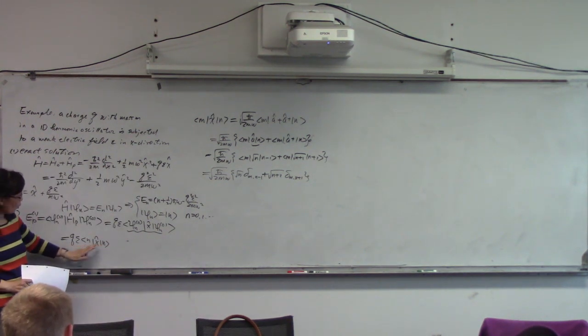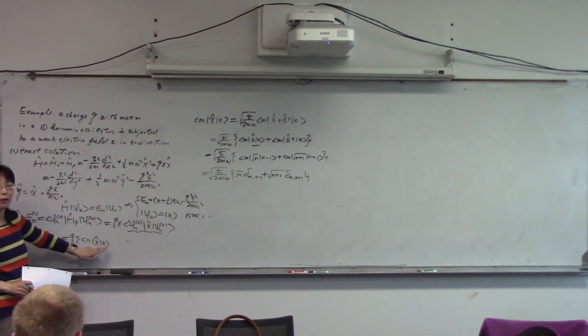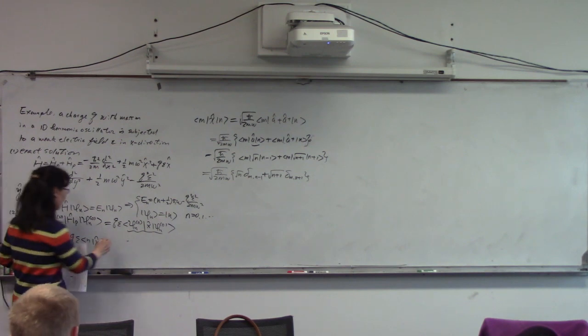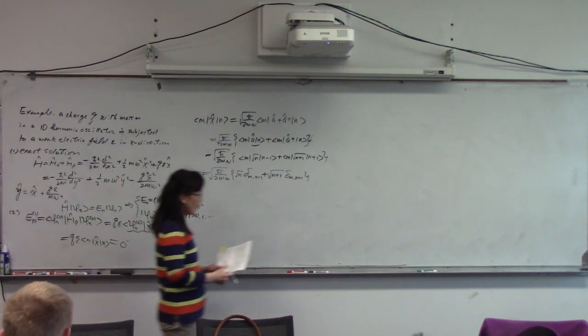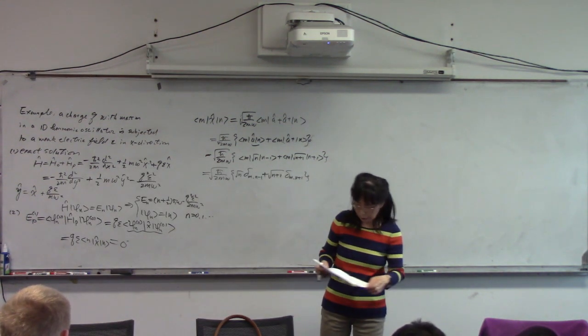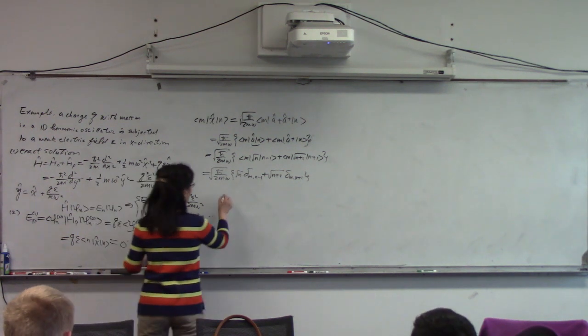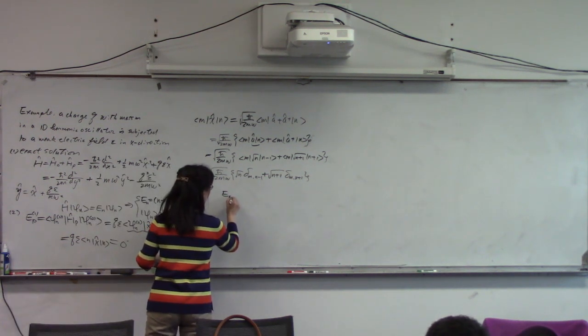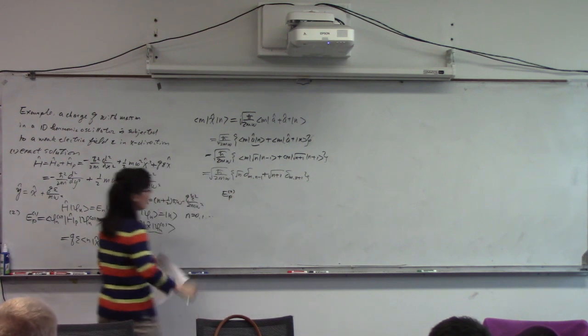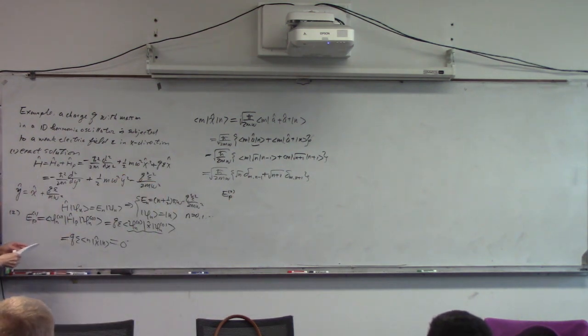When x applies to this one, either n minus 1 or n plus 1, so that is 0, right? Okay, so that means up to the first order there is no correction, so we have to go to second order. I'm going to use P again with lambda squared.